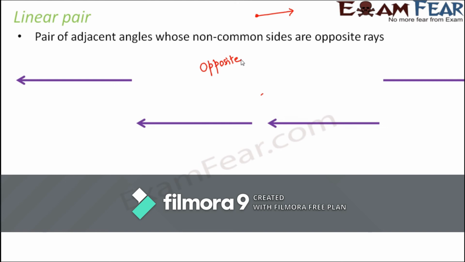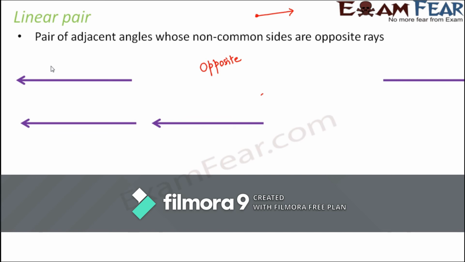Whereas if you have two rays which are extending in the same direction, then they are non-opposite rays. So we have opposite rays, meaning the two rays in exactly opposite directions to each other.